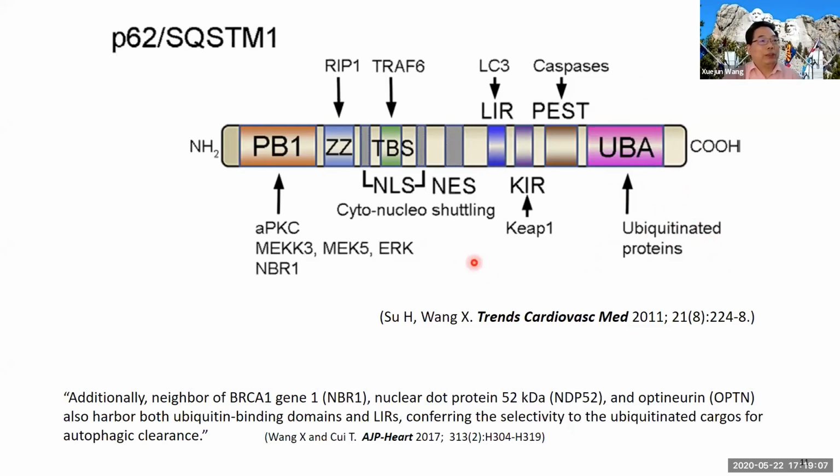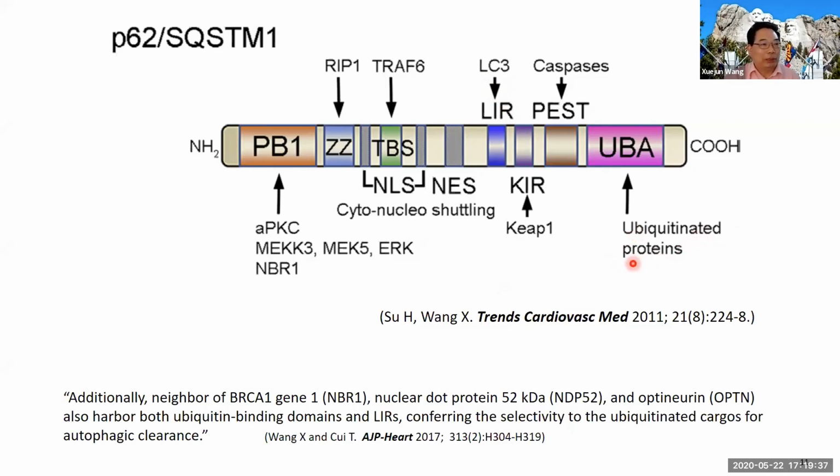In the middle there is a LIR motif, an LC3-interacting region that can interact with LC3. Remember, LC3 incorporates into the autophagic membrane at a very early stage, so this is believed to recruit the autophagic membrane onto ubiquitinated proteins.